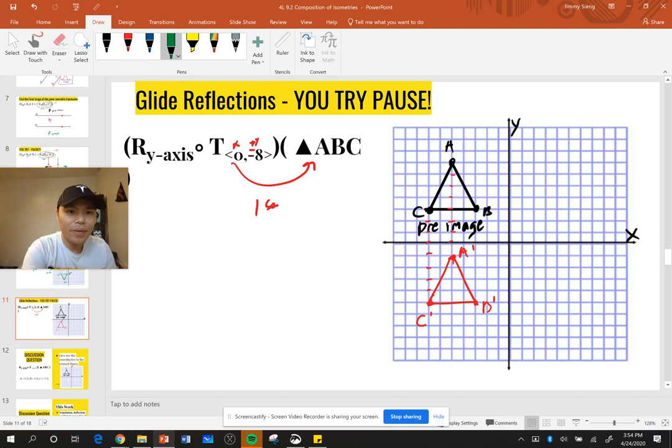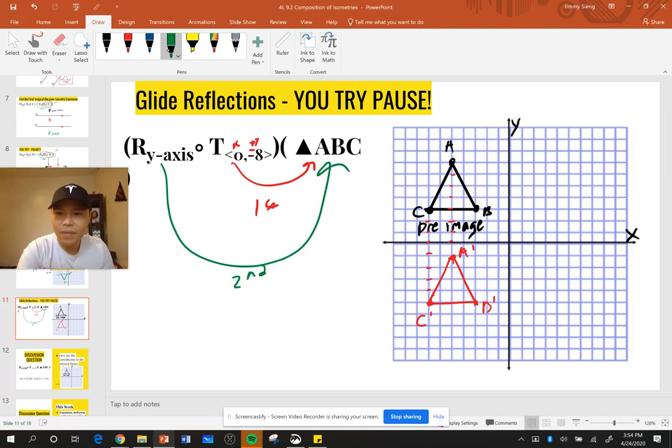And now I also have to, secondly, reflect on the y-axis, right? Just right over this. And again, we can see how far away we are. And when I do that, I get 1, 2, 3, 4, and 1, 2, 3, 4, 5.